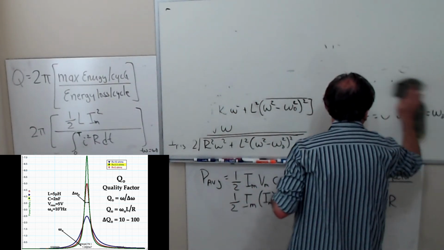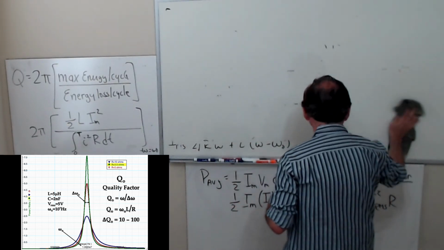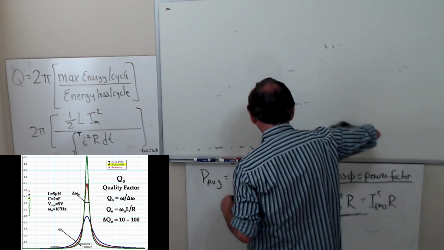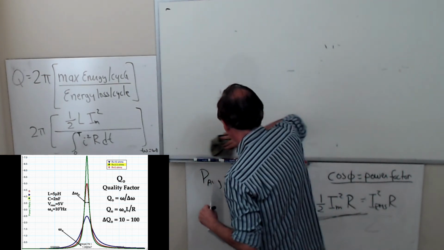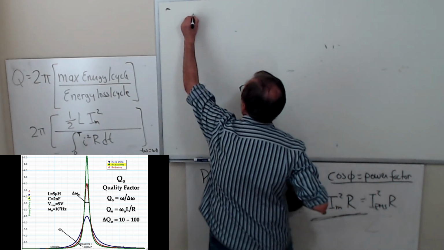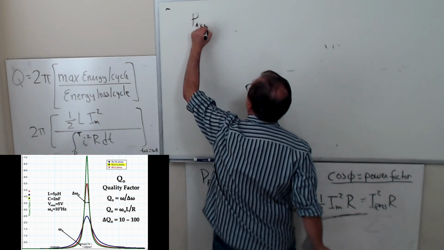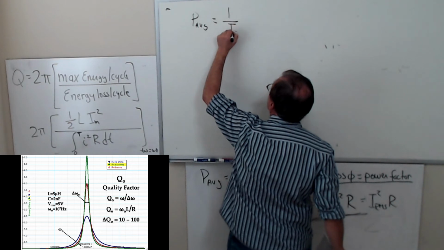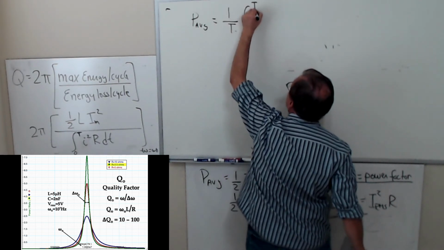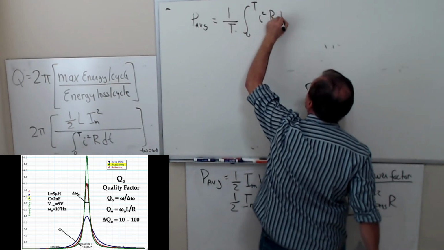So P average is 1 over the period times the integral from 0 to T of I squared R dt.